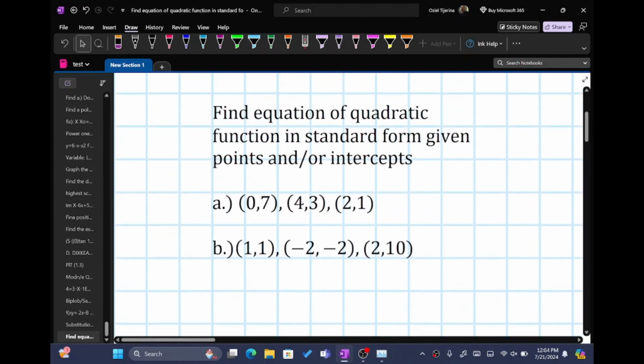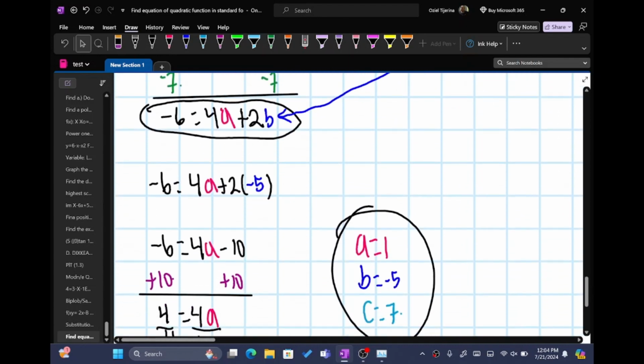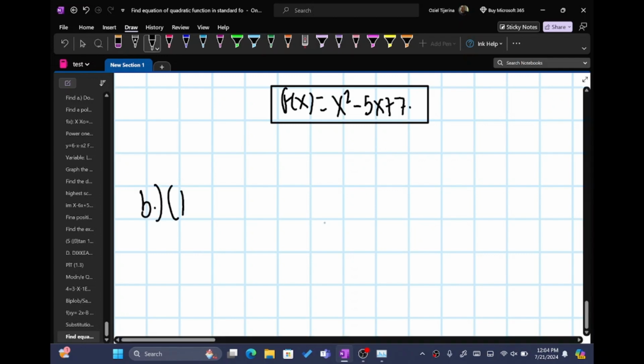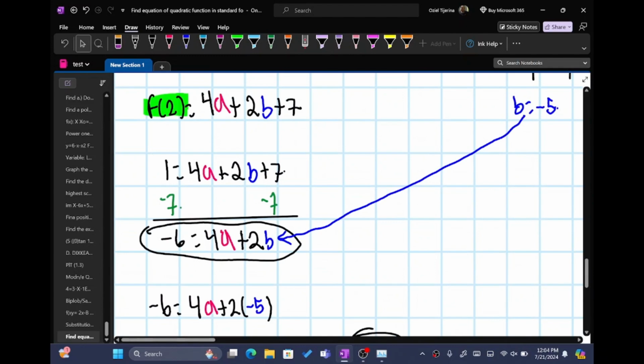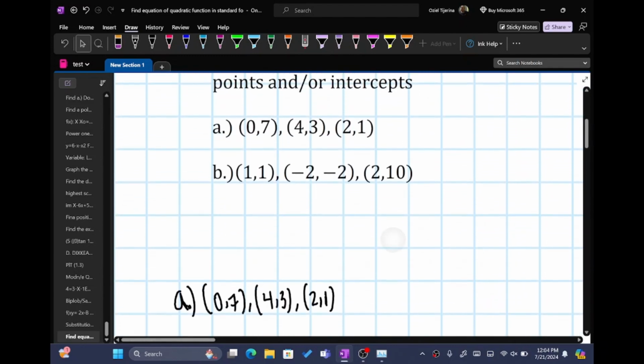So the next problem, we have the following points: 1, 1, negative 2, negative 2, and also 2, 10.